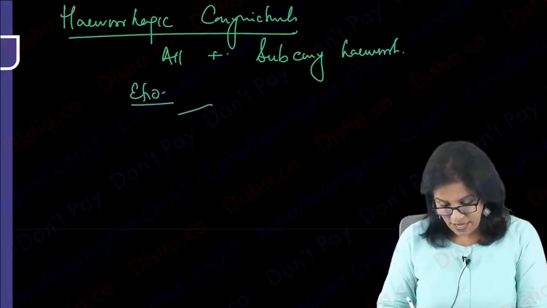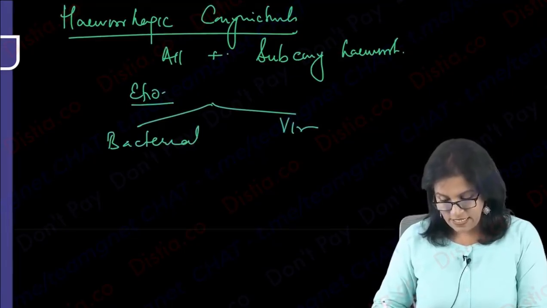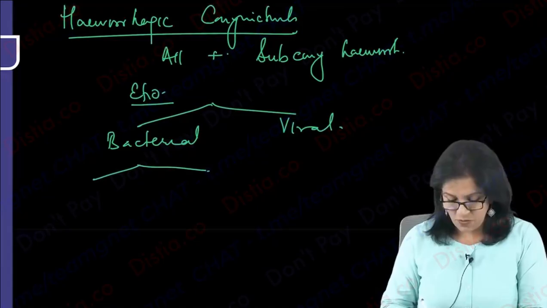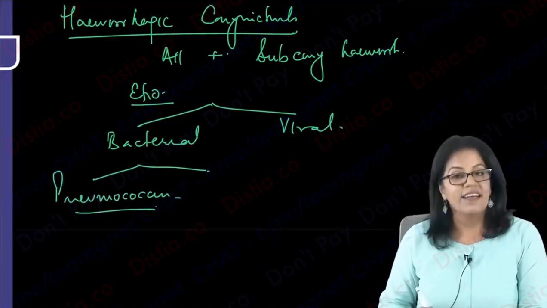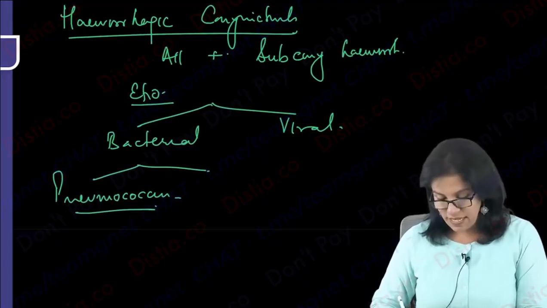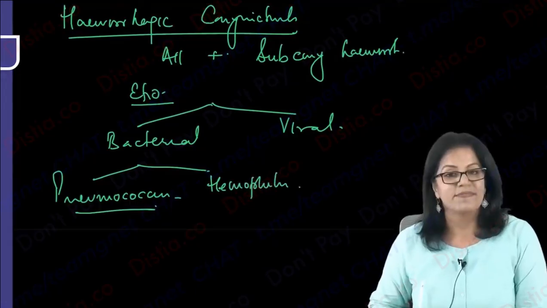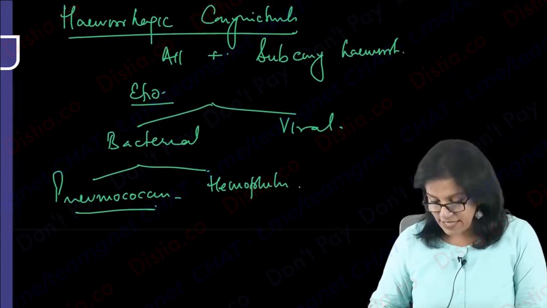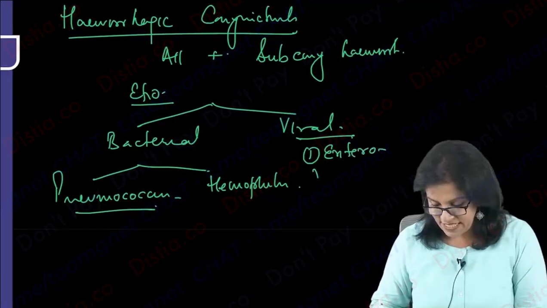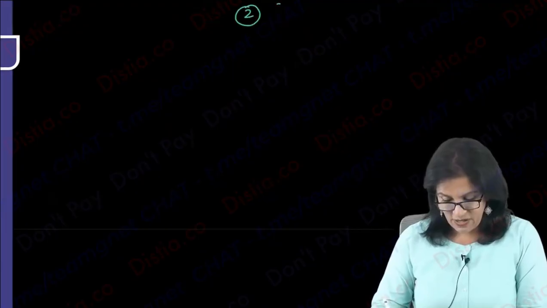We will learn there can be a bacterial cause or a viral cause. Bacteria which can cause hemorrhagic, two very important ones are pneumococcus, and second would be Haemophilus. When you talk about viral, let us learn very, very important enterovirus 70, 17. Second, Coxsackie 24.